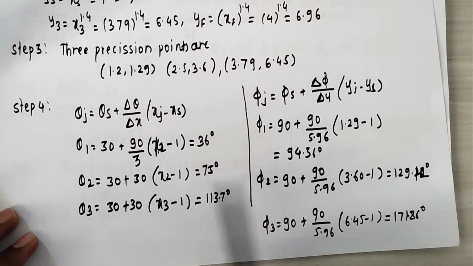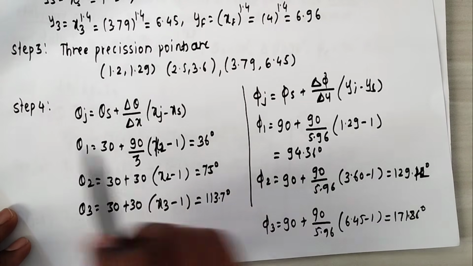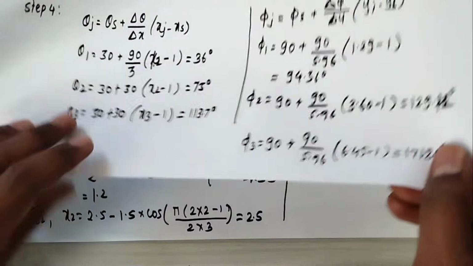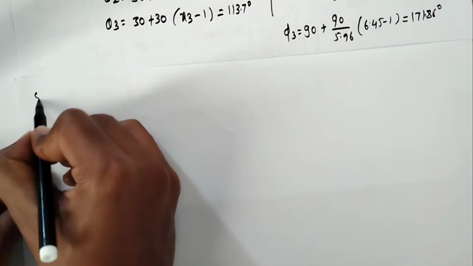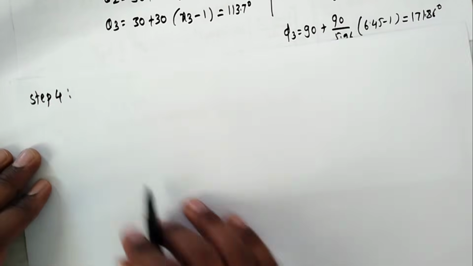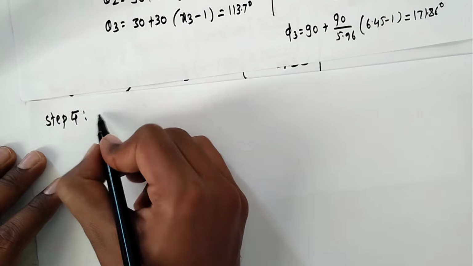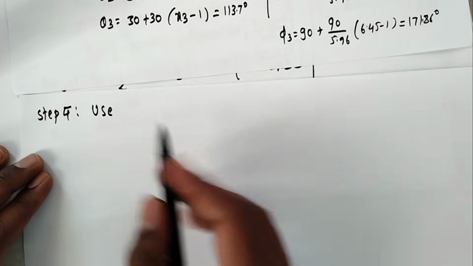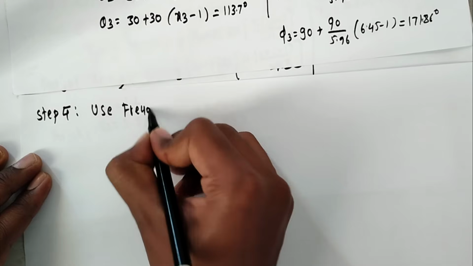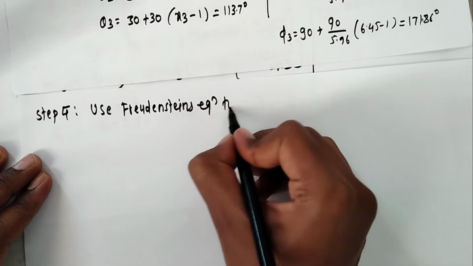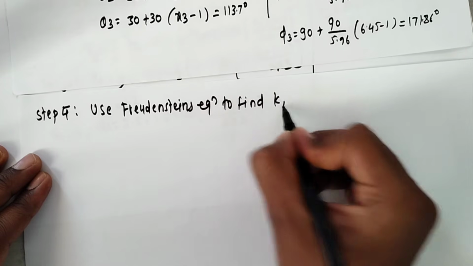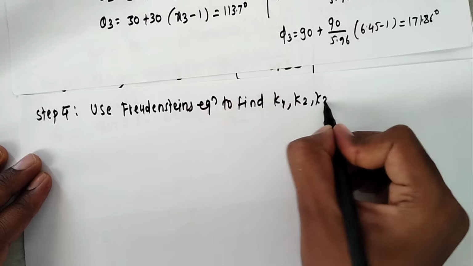Okay, so likewise we get the values of phi 1, phi 2, phi 3, theta 1, theta 2, theta 3 using the angle relationship. And then, last step, step number 5, use Freudenstein's equation to get the values of k1, k2, k3.